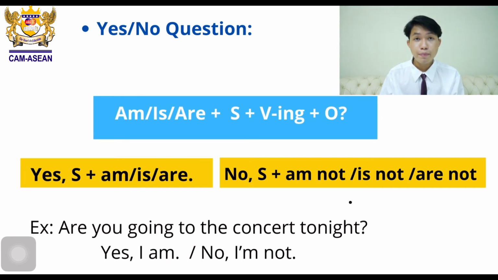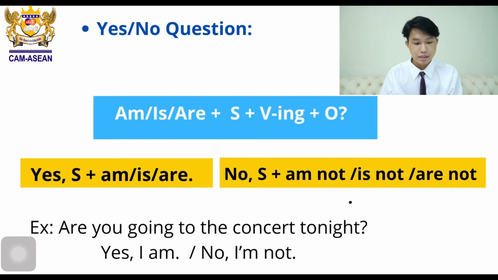And you have to remember that am, is, are start at the very beginning of the sentence, so the first letter needs to be capitalized, right? Okay, so it's like am, is or are followed by subject and then verb plus ing and then object, question mark, okay? Alright, and then the answer is either yes or no.